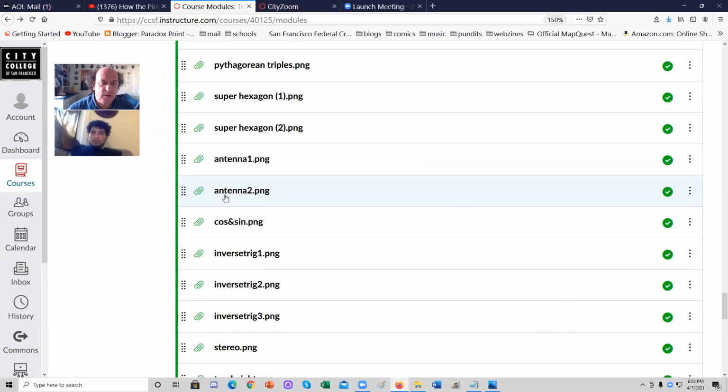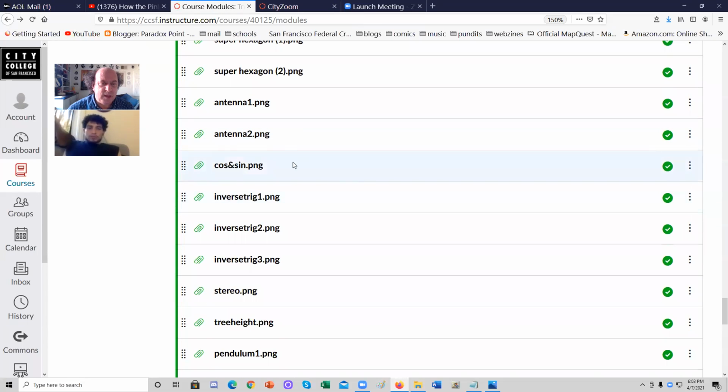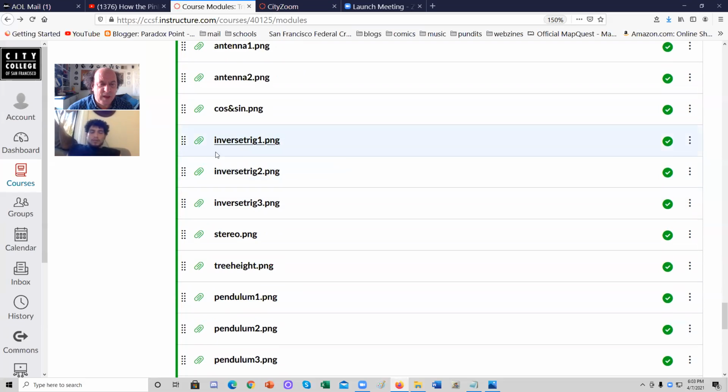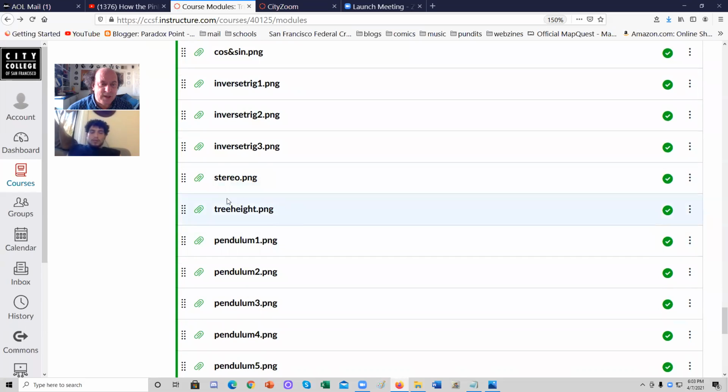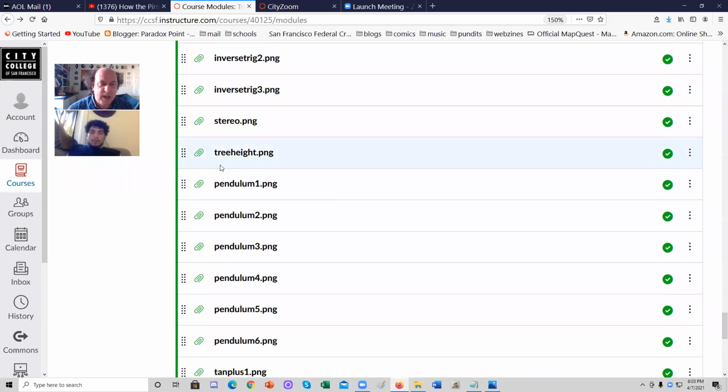These two I'll go over later. It talks about a particular trig problem I call antenna on the roof. This is some relations between cosines and sines. Here's a set of problem sets about inverse trig functions. Here, this does what I call stereo vision. It's a trig problem involving stereo vision. This talks about the height of a tree.